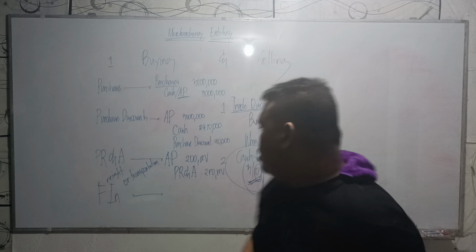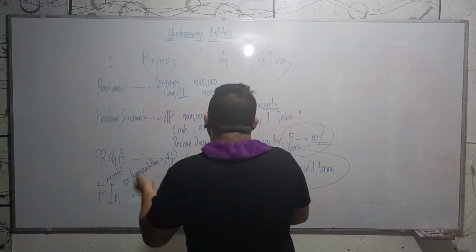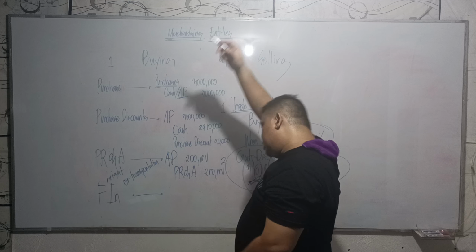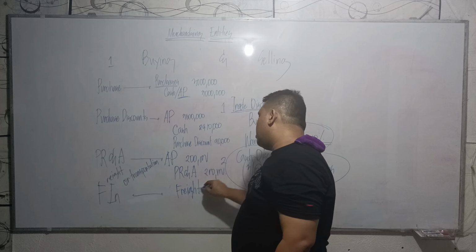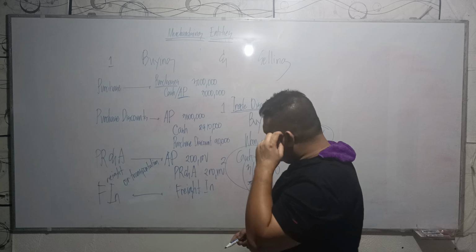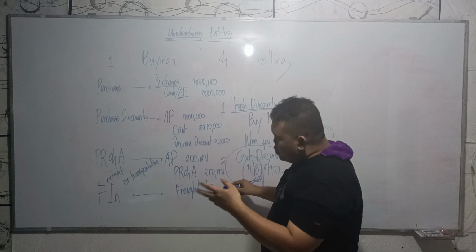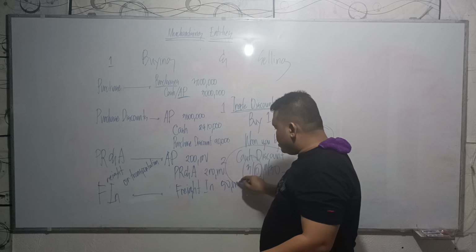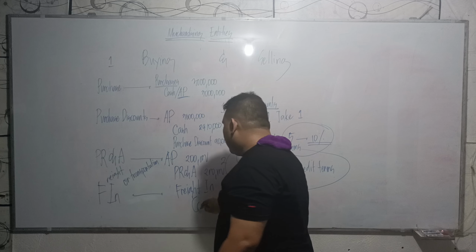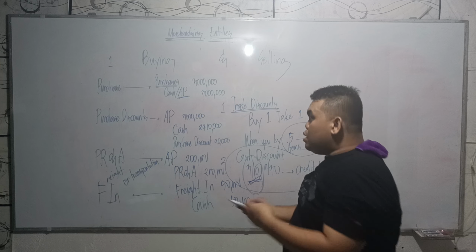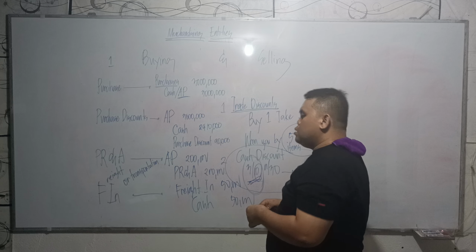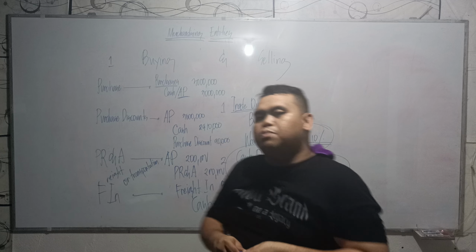And usually, the entry is freight in, depending on the chart of accounts of your company. Freight in, for example, you have incurred 50,000, debit freight in 50,000, and then credit cash 50,000. So that's it. That's the missing element if you compute for net purchases.